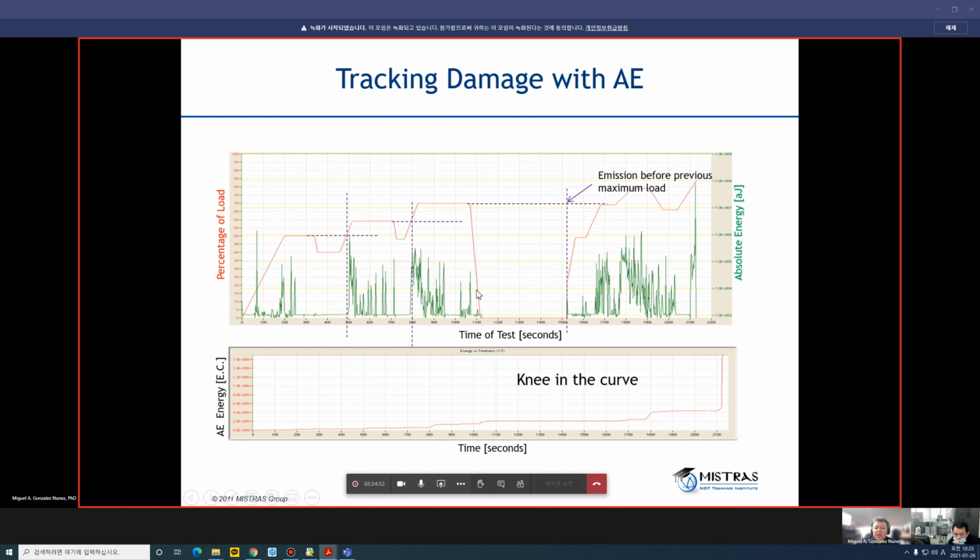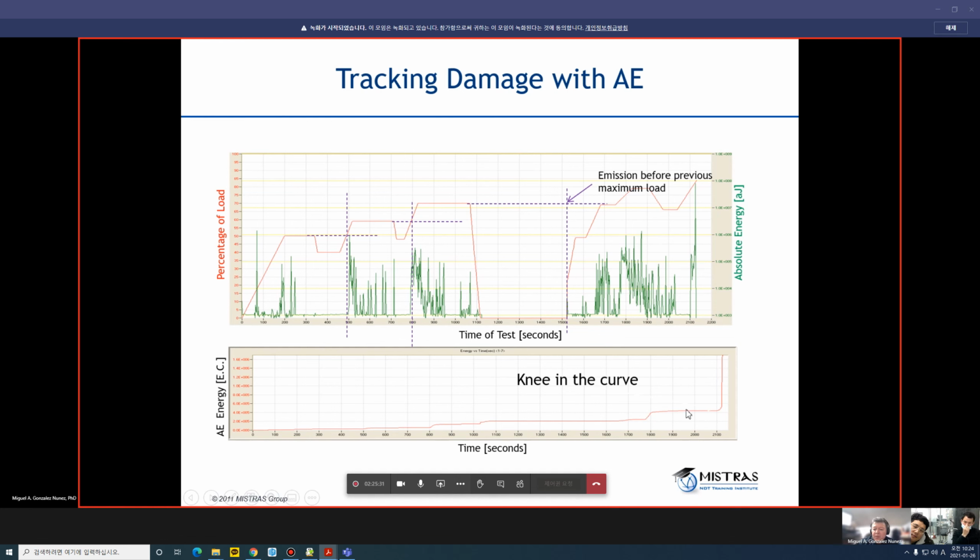Now, if we continue the load schedule here, we increase here, fall here, and there is a small energy release here, but with just a very small contribution to the whole energy. And then we continue increasing, and we see this jump again of energy release. And we start to see more release of energy at this point when we continue increasing the load.